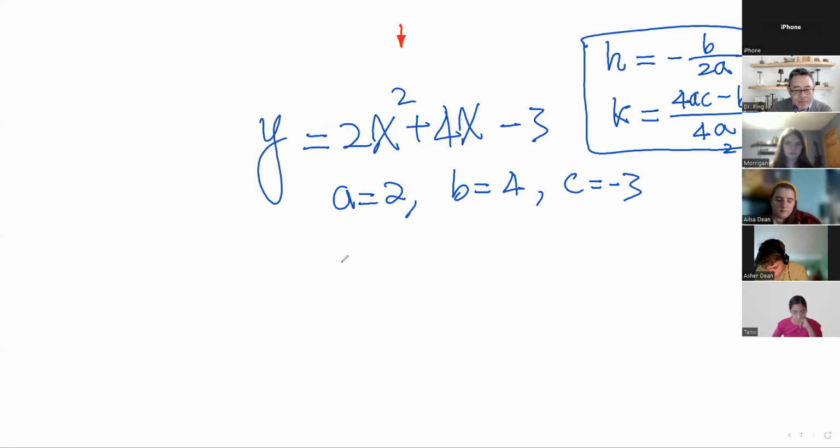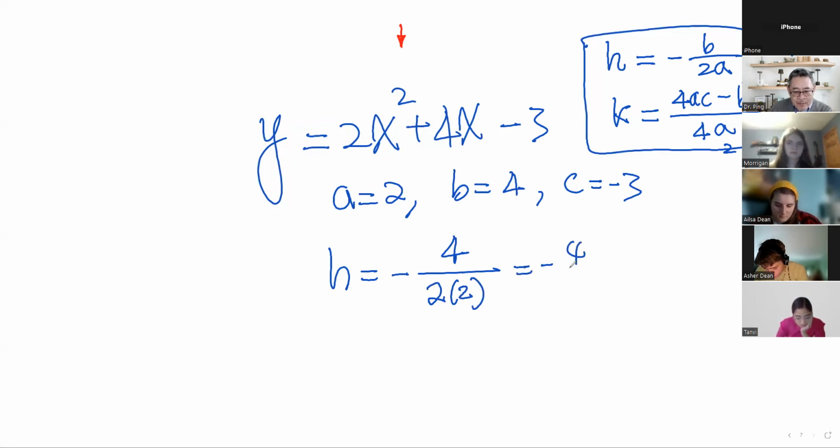We're going to use that formula. H is equal to minus B over 2A. B is 4, A is 2, so that gives us -4 over 4, which is equal to -1.